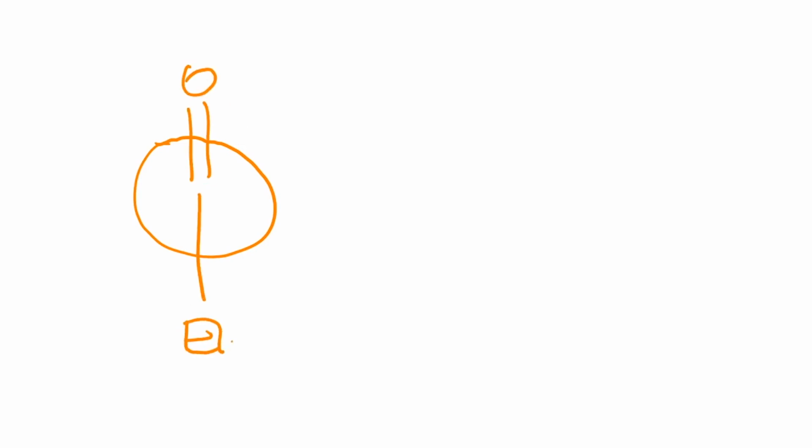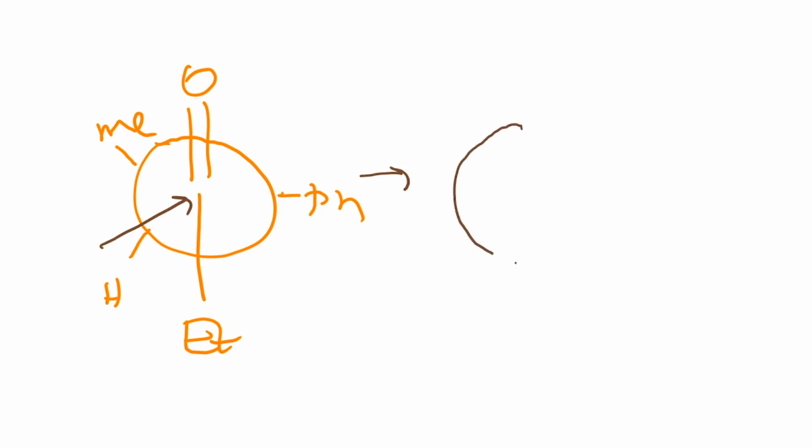So the product that we will get: start with this C double bond O, Et is here, phenyl is here, methyl is here, hydrogen is here. As we discussed, the hydride is going to attack from here, and once this attack happens, the immediate product that you're going to get is this.